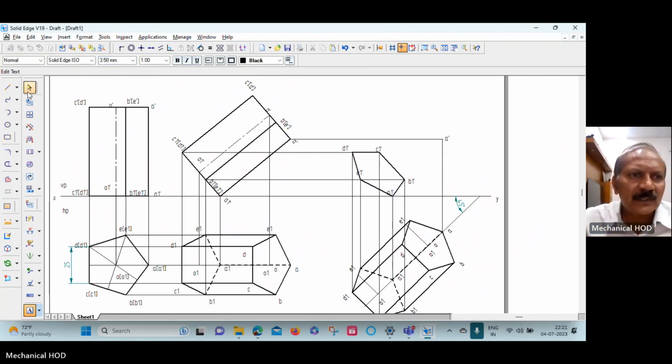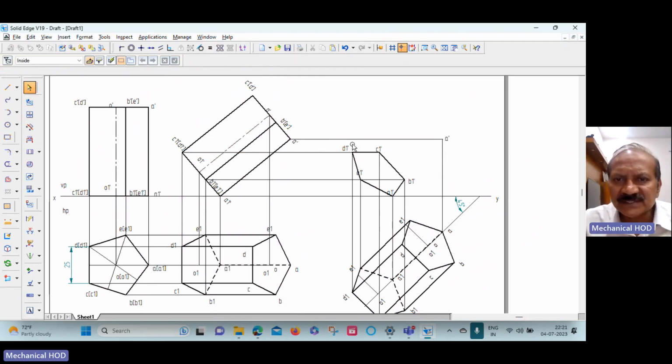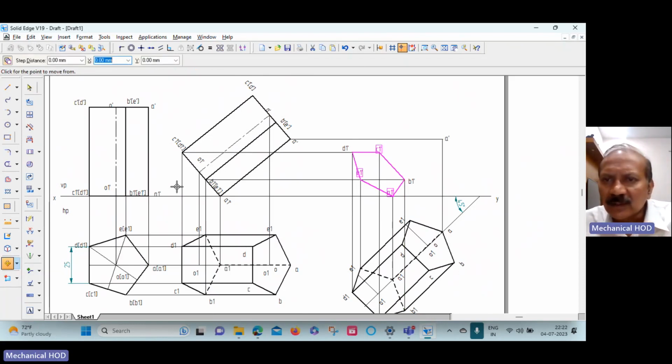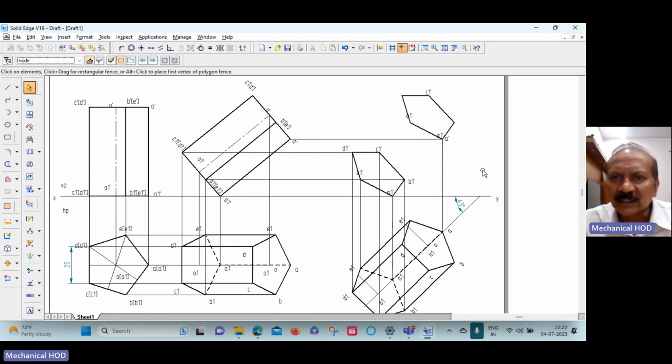Now select the bottom face of the pentagon like this. Then move, copy on, move from the point A1, A, and keep it on here. A. Come out and right click.